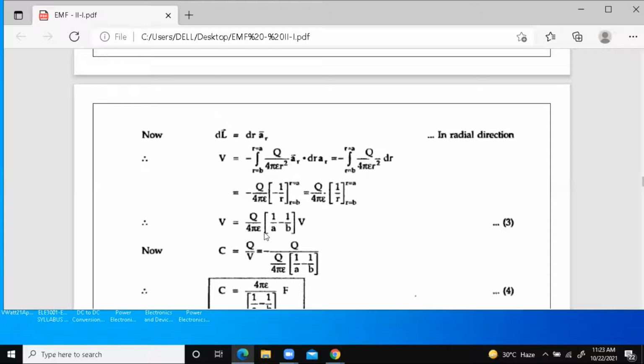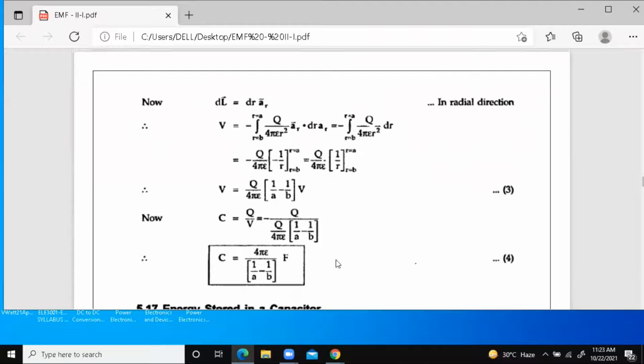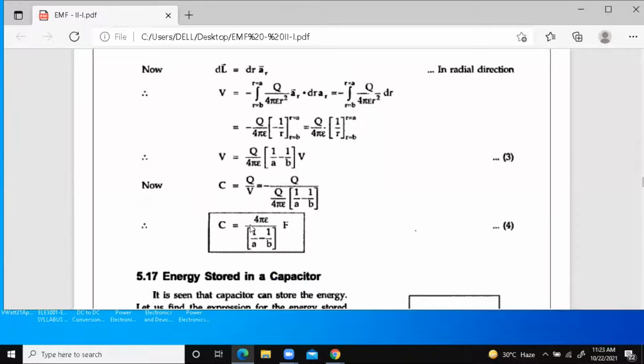So Q equals CV. You have V now, you have Q, so C is Q over V. You end up with this. Flip this up there, cancel this, you end up with this. Yes, sir, the transposition. And to clarify, sir, B is the outer radius and A is the inner radius. Right.